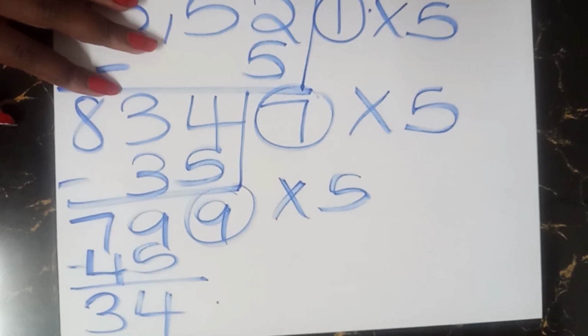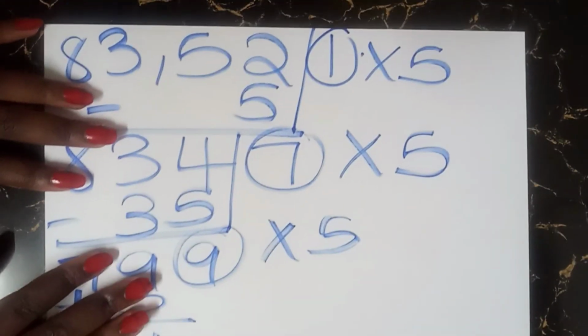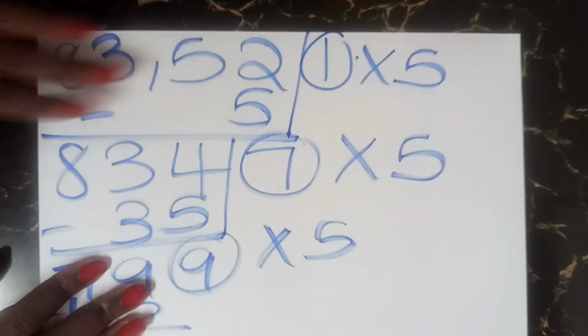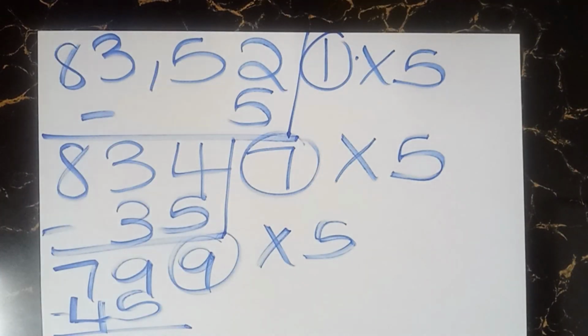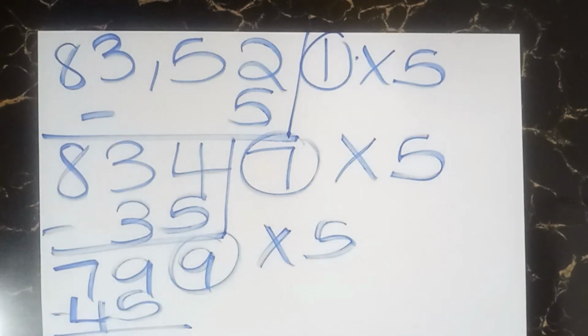When we do this, we get 34, and we know that 34 is a multiple of 17. So that automatically means that this entire number is divisible by 17. We can now call it a day.